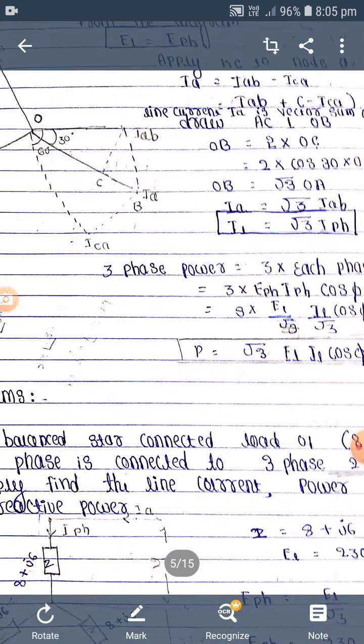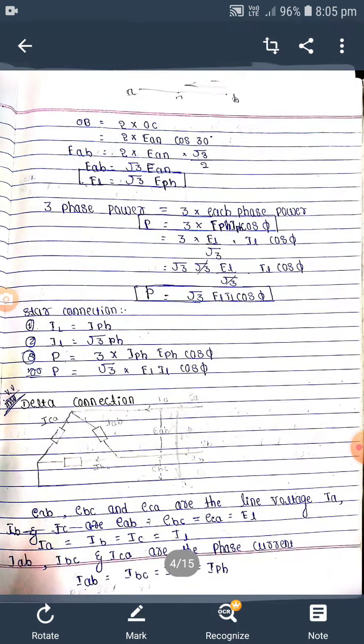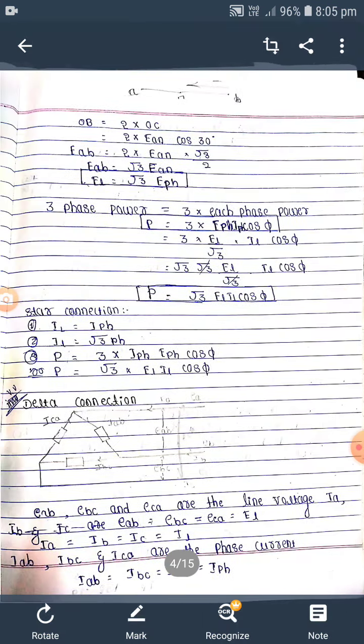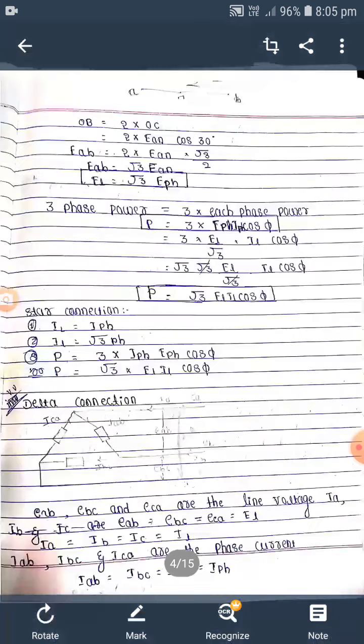Then comes the current. From the diagram, at node A you can apply KCL. As you all know, KCL states that at any node the sum of incoming currents equals the sum of outgoing currents. Here the incoming currents are IA plus ICA, which is equal to IAB.